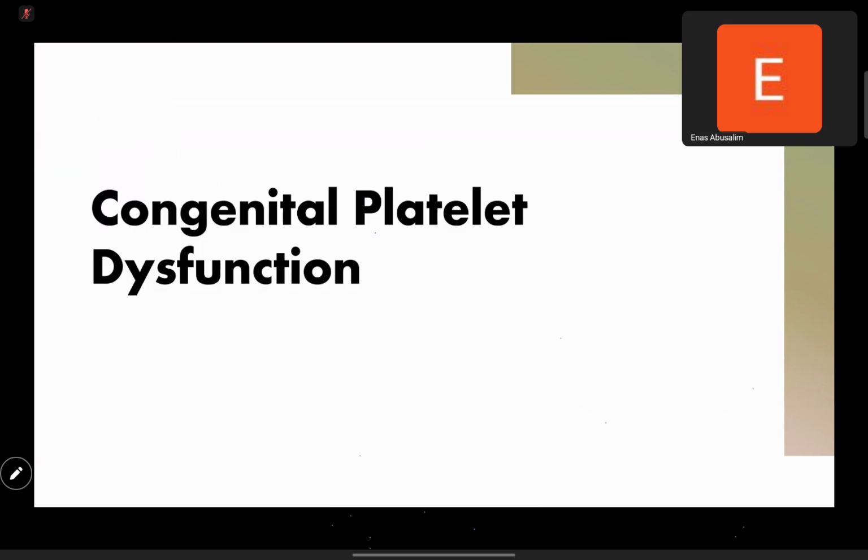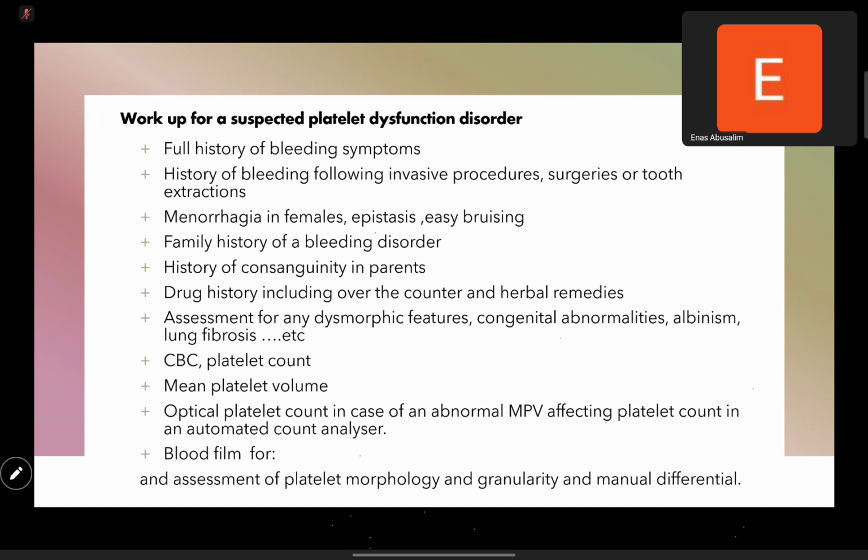If you suspect congenital platelet dysfunction, you need to take a full detailed history including bleeding from mucocutaneous sites. Prior hemostatic challenges are important, including surgical procedures, tooth extractions, prior trauma, and bleeding after trauma. Family history is important, especially history of consanguinity in the parents. Drug history.